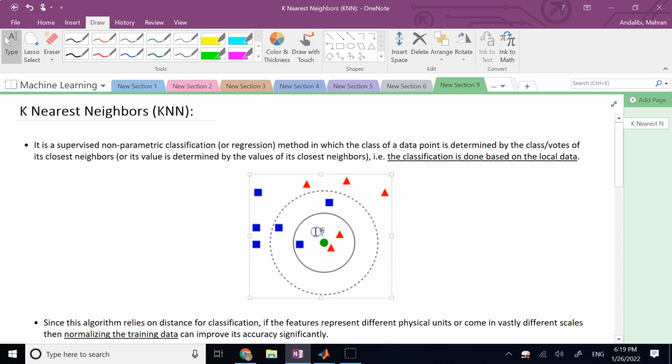All you do is look at the surrounding of the data, the local data around your point of interest, and you determine the class of this new data, or the value of the output at this new data, basically locally.